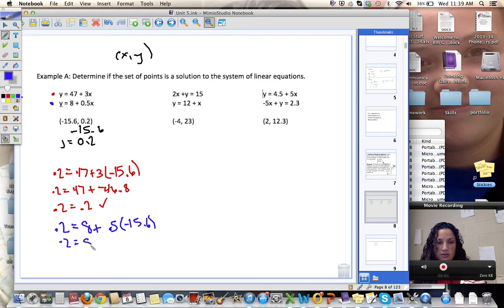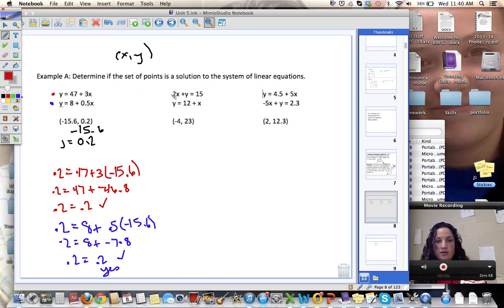So 0.2 equals 8 plus half of this, which is negative 7.8. Combine those: 8 plus negative 7.8 is 0.2. So yes, this is a solution.